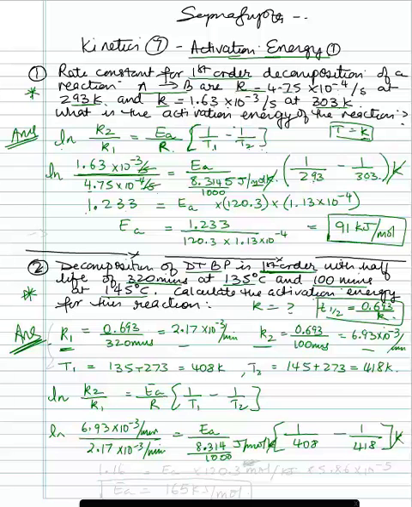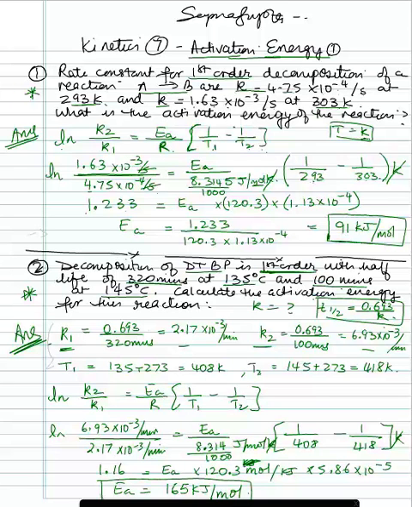So 1.16 is equal to EA times 120.3 mole per kilojoule, times 5.86 times 10 to the negative 5. And then EA is going to be 1.16 divided by all of this wonderful stuff, and you will come up with 165 kilojoules per mole.